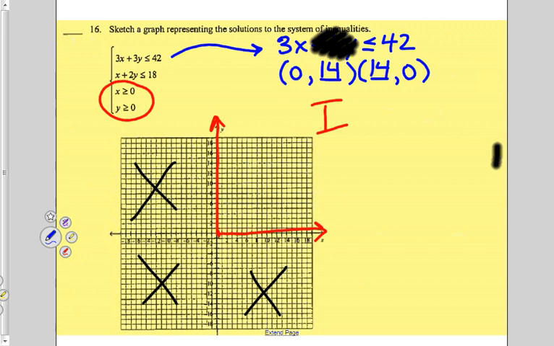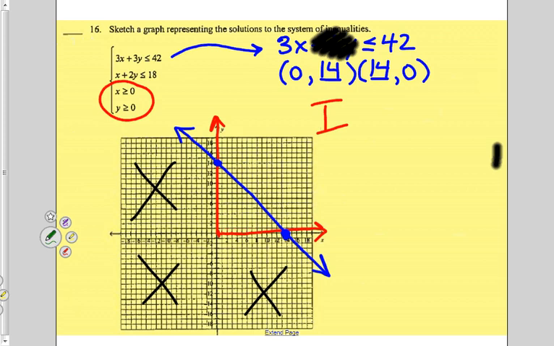So let's put 2 dots at 0, 14 and 14, 0 and connect them with a line. Solid line because it's less than or equal to. If it didn't have the equal to, you'd make a dashed line. So it's going to be a solid line connecting these two. So that's the blue graph.